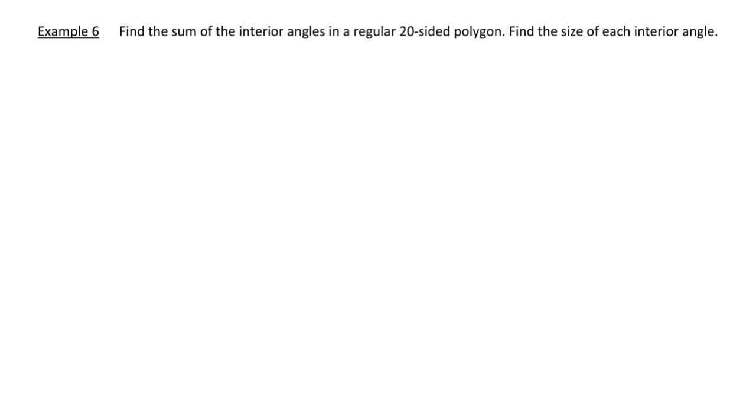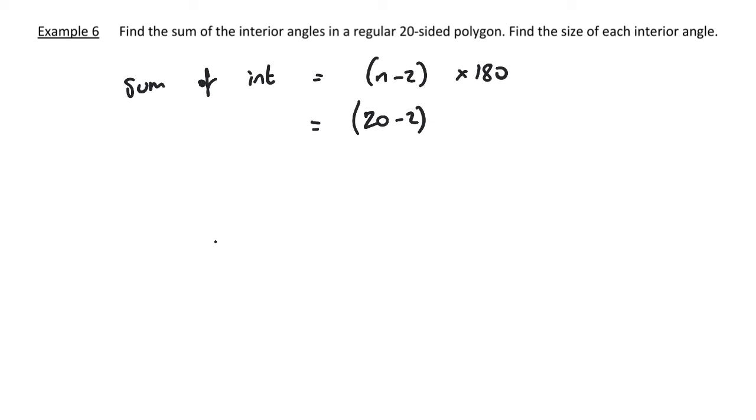Example 6: find the sum of the interior angles in a regular 20-sided polygon. The sum of the interior angles is n minus 2 times 180, the number of triangles we can form. That's 20 minus 2 times 180, which is 18 times 180, which is 3,240 degrees.